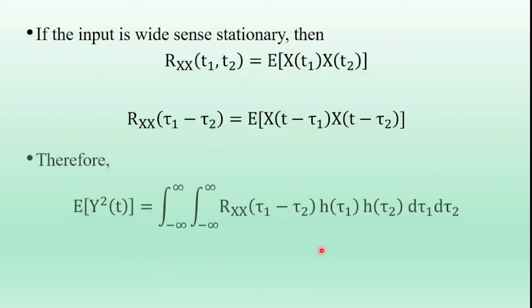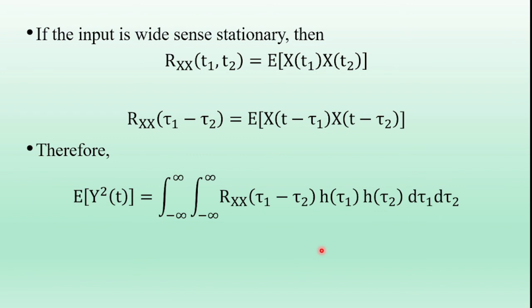Therefore expectation of y square of t, that is the mean square value of the output y of t, is the double integral from minus infinity to infinity of Rxx of tau 1 minus tau 2 into h of tau 1 into h of tau 2, d tau 1 d tau 2. This is the expression of the mean square value of the output y of t.